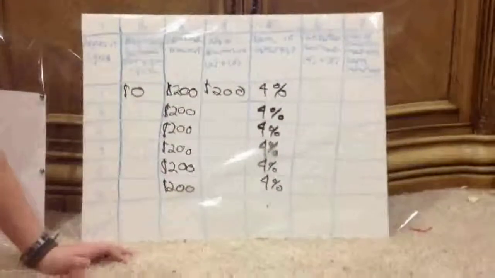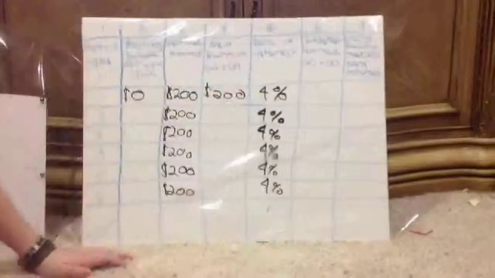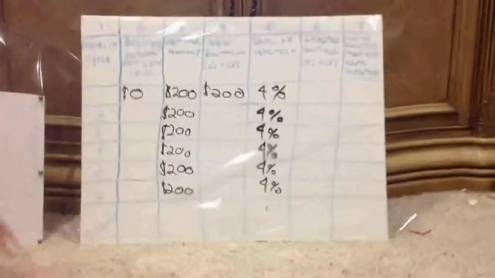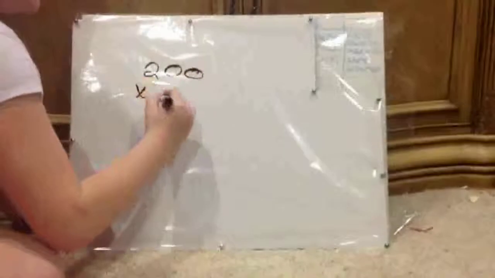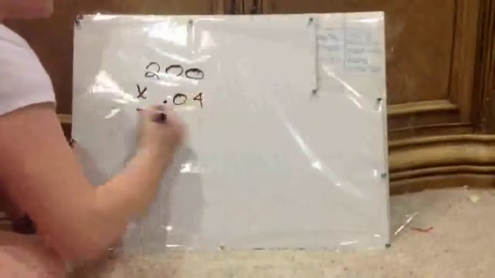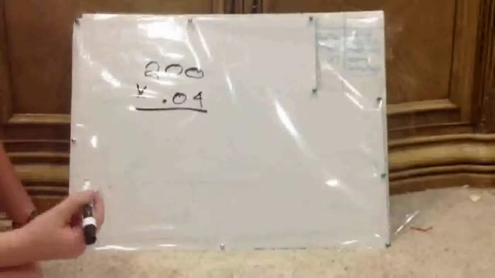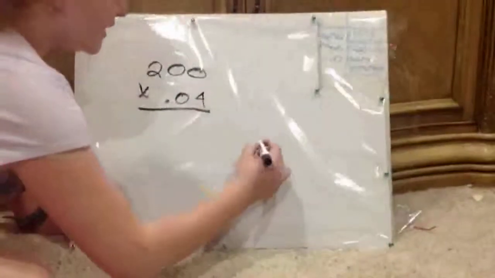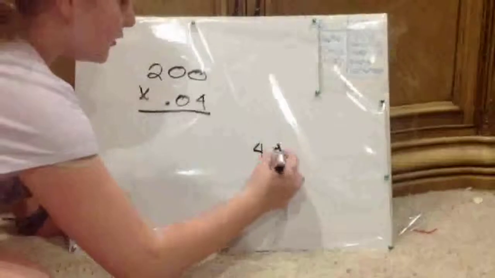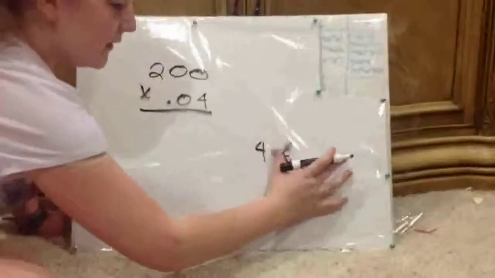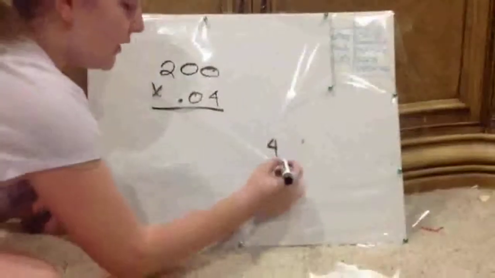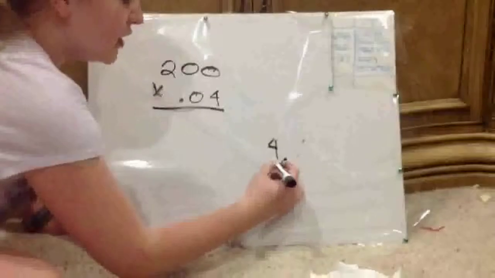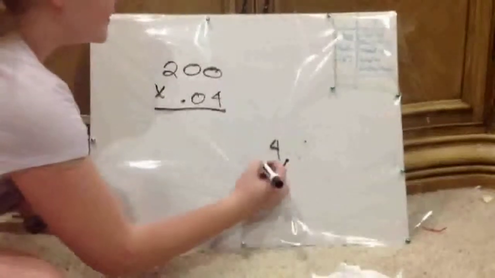So for the interest earned, you would times 200 by 4%, which if we get our little math board out here, you would do 200 times 0.04, because a percent, if you move it into a decimal, you move the decimal over 2 places. So if you cross out the percent sign, then you have the decimal right here, then you move it to the left 2 places.